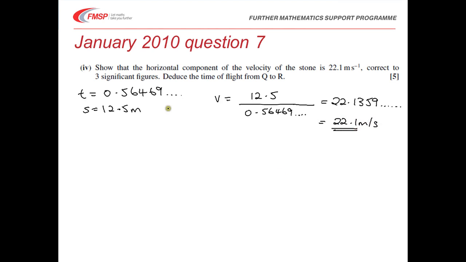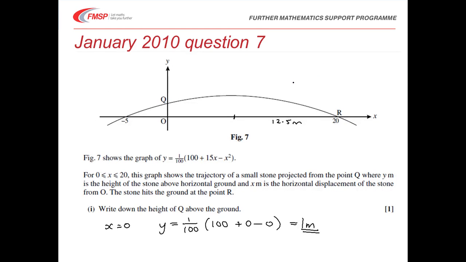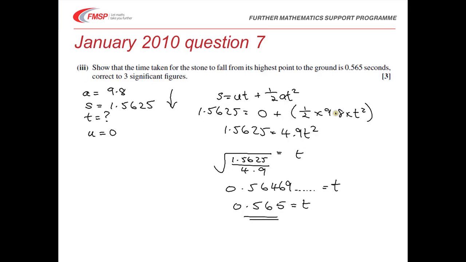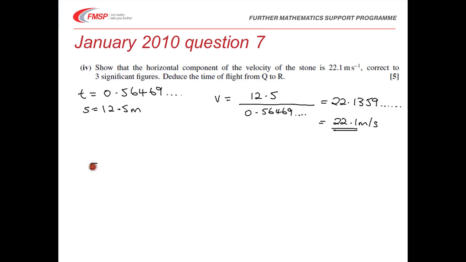We then have to deduce, using what we've just done, the time of flight from Q to R. Just flicking back to the picture, from Q to R is a total distance of 20 meters. So we need to go 20 meters, and we know that we're going at a speed of 22.1359, the full value that you got from your calculator here.